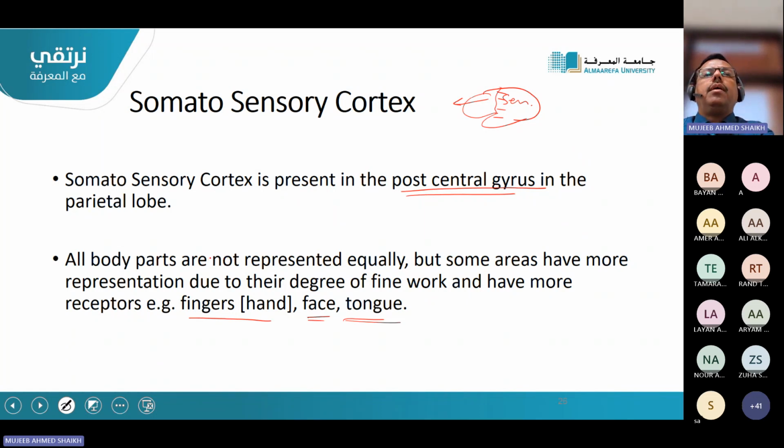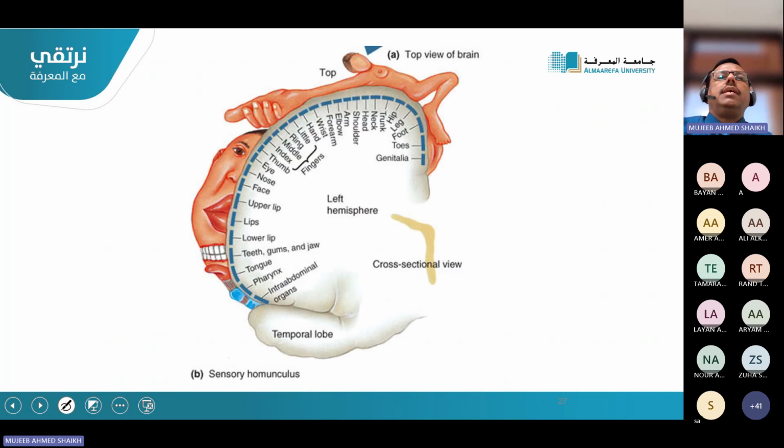Similar to the motor homunculus, you will see sensory homunculus. So face is given larger area. So sensation from the face is very precise. It can be detected by a small amount. Even if a hair is touched on the surface, you can easily detect it because the number of receptors are many.